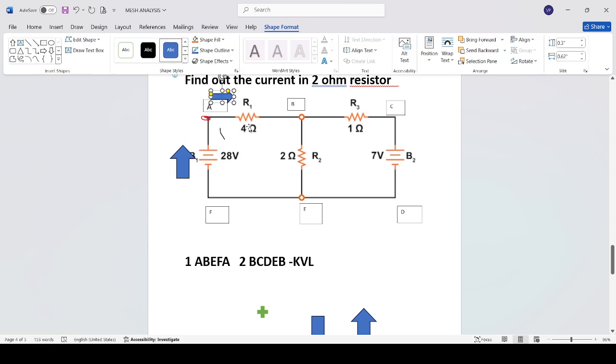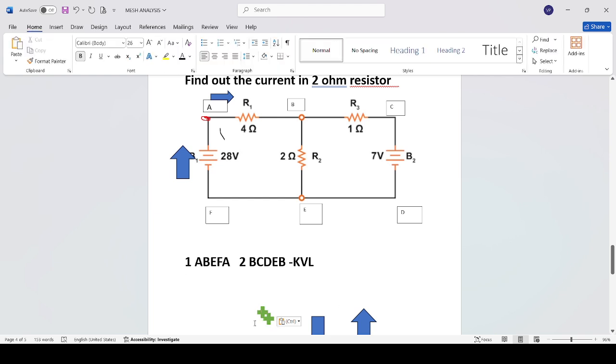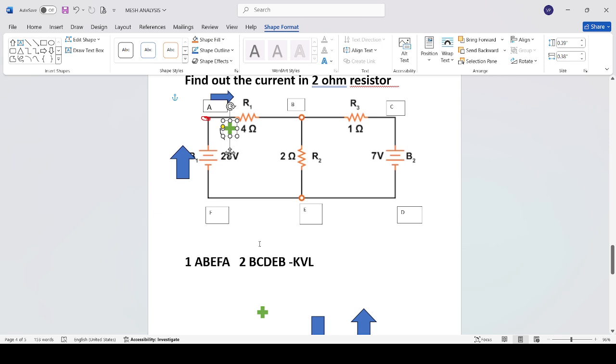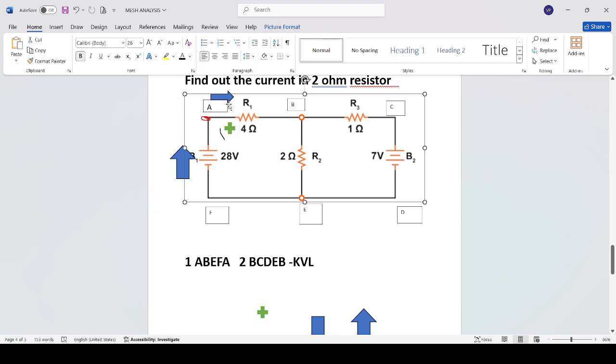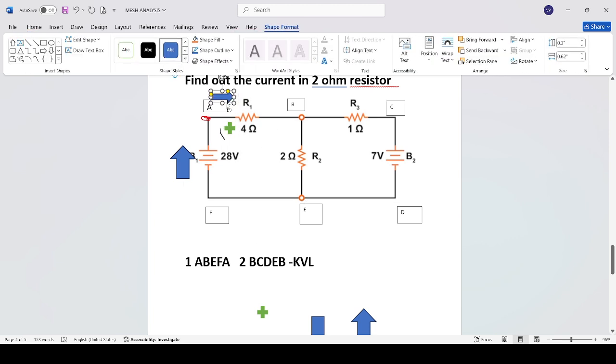When the current is entering, this point is positive.